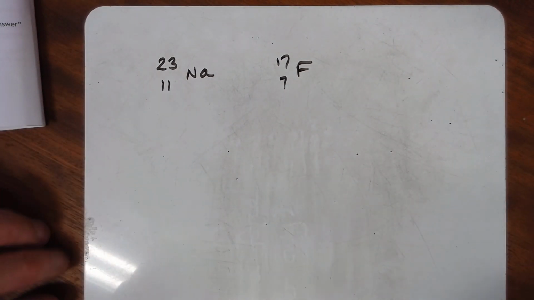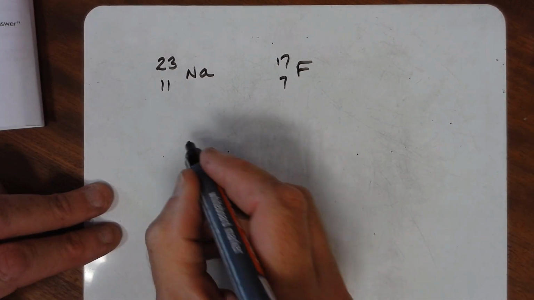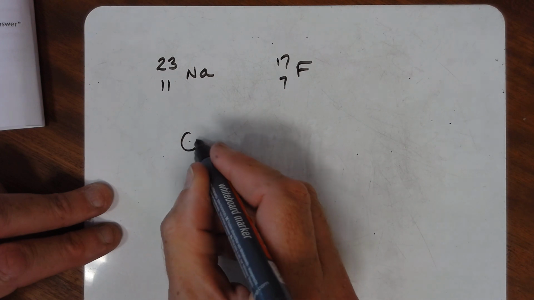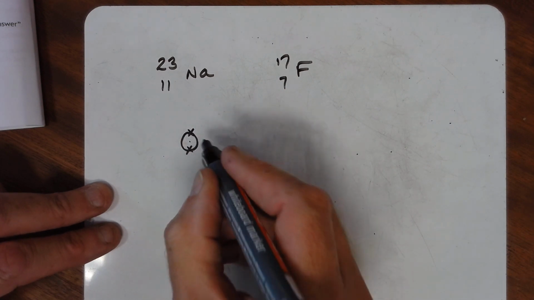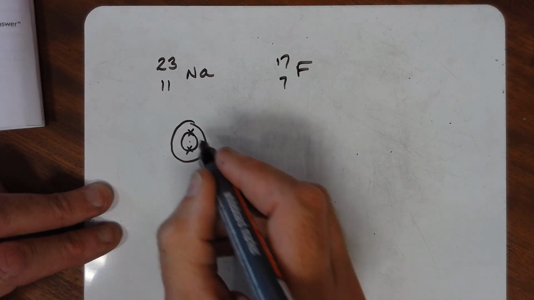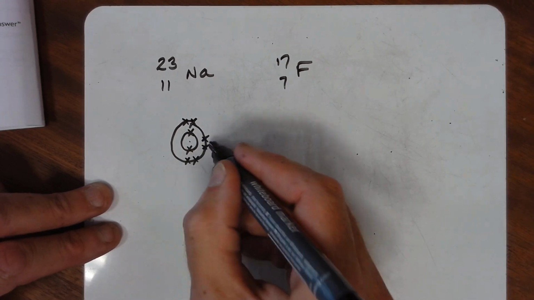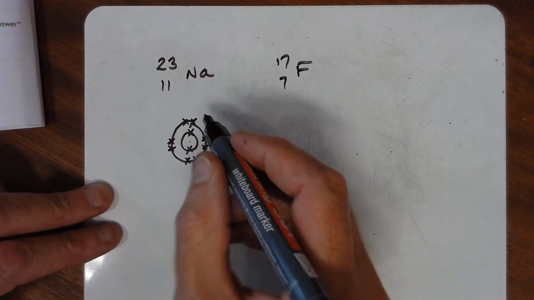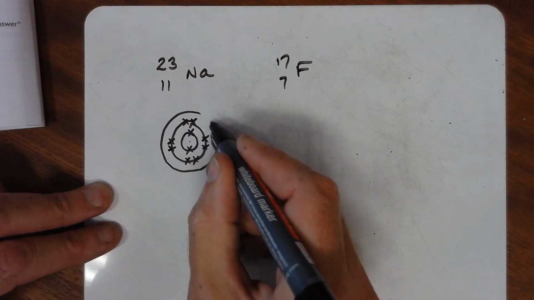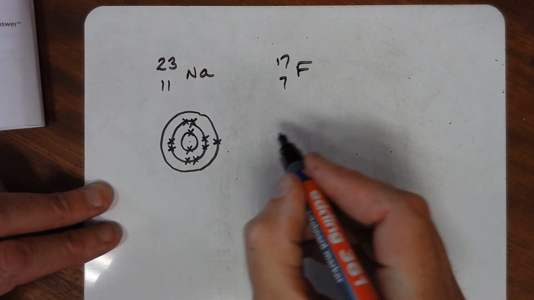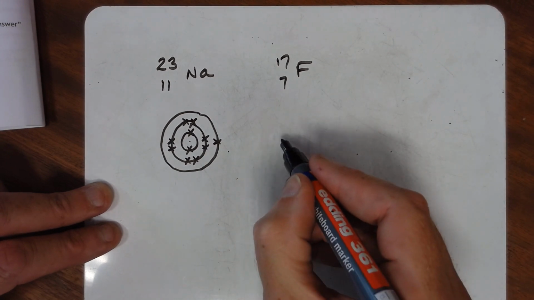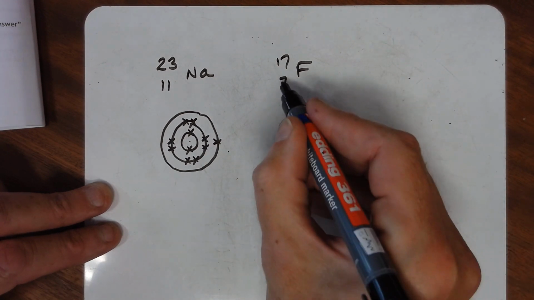By now we should be used to this. We have 11 protons, therefore 11 electrons, and they're arranged in these shells. We should know by now we can have these shells 2, 8, 1, a group 1 element with 1 electron in its outer shell. And then we also have fluorine. Sorry, I beg your pardon, this is wrong.